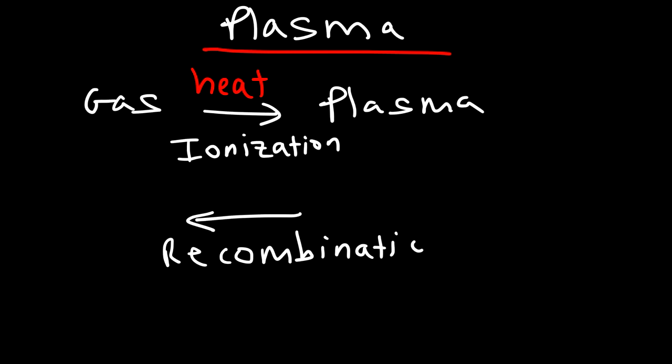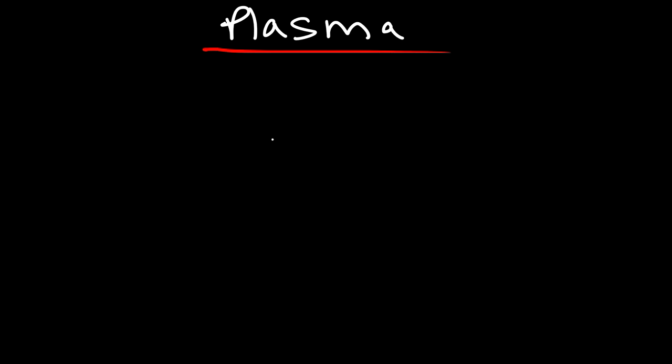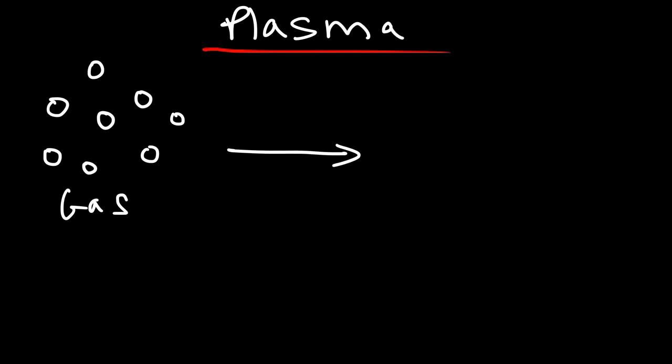And so let's talk about that. Let's say we have a bunch of gas particles just floating in the air, and we're going to heat it up. Now, if you heat it to a very high degree, eventually some of the electrons in these atoms will be stripped off the atoms. And so basically, you're going to have ions with a positive charge.